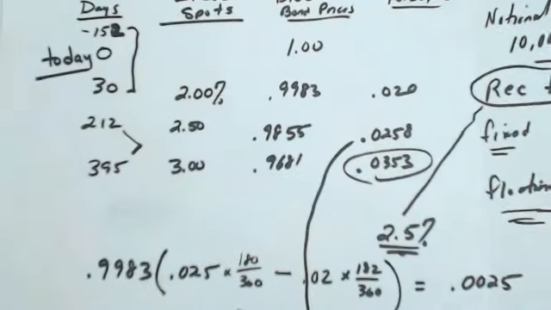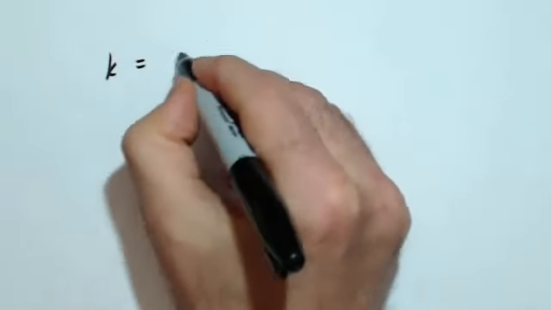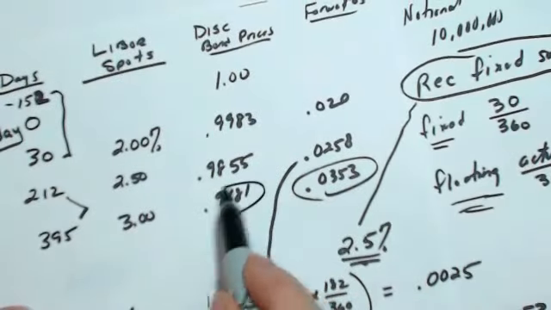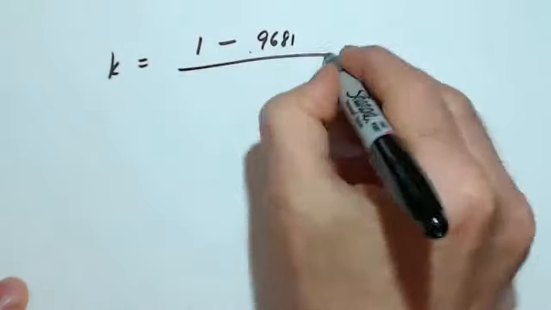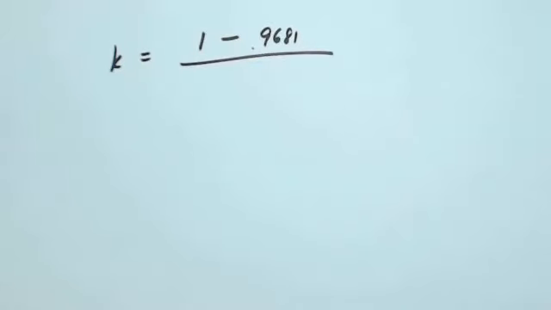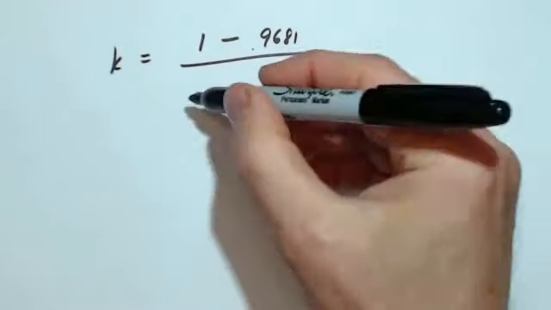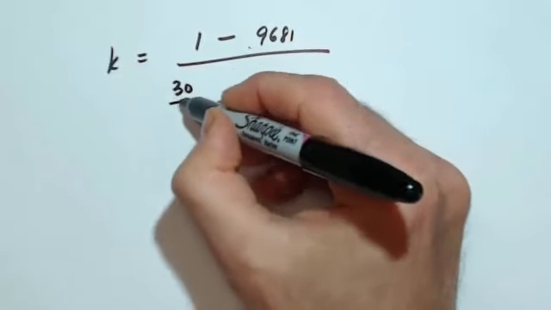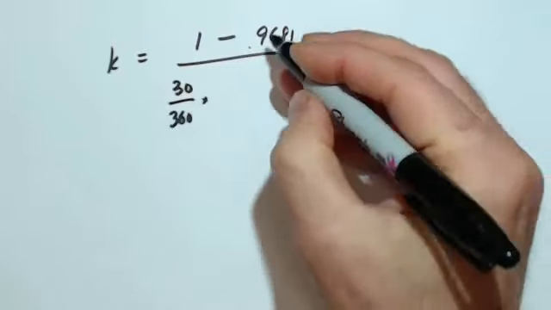Using the problem at hand, we can solve for the swap's fixed rate. So coming off the tables that we had before, using the information from this table, I'm going to take K equals 1 minus the discount bond price for the last period, 0.9681, and divide it by the payments times the day count right here, times the zero discount price.